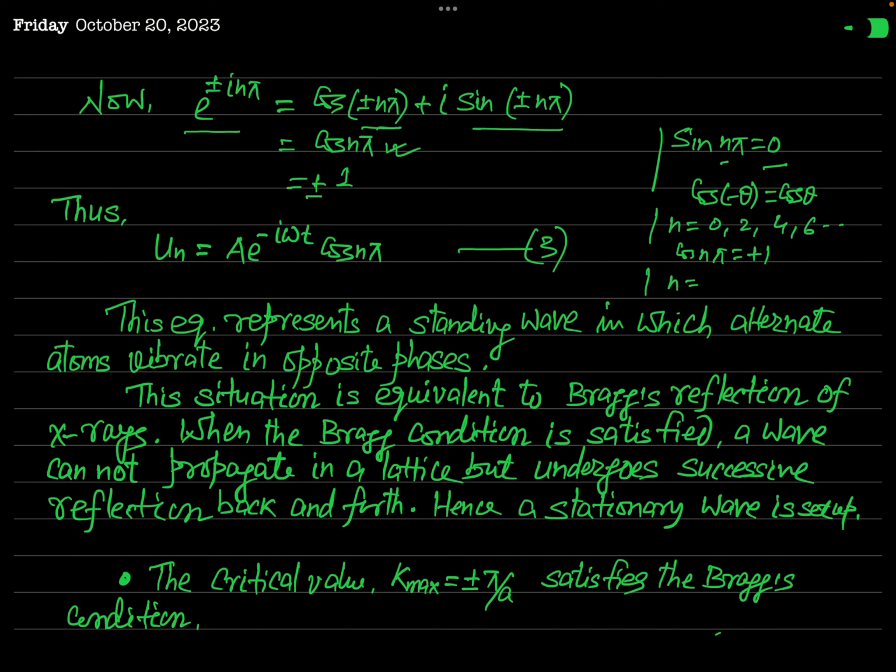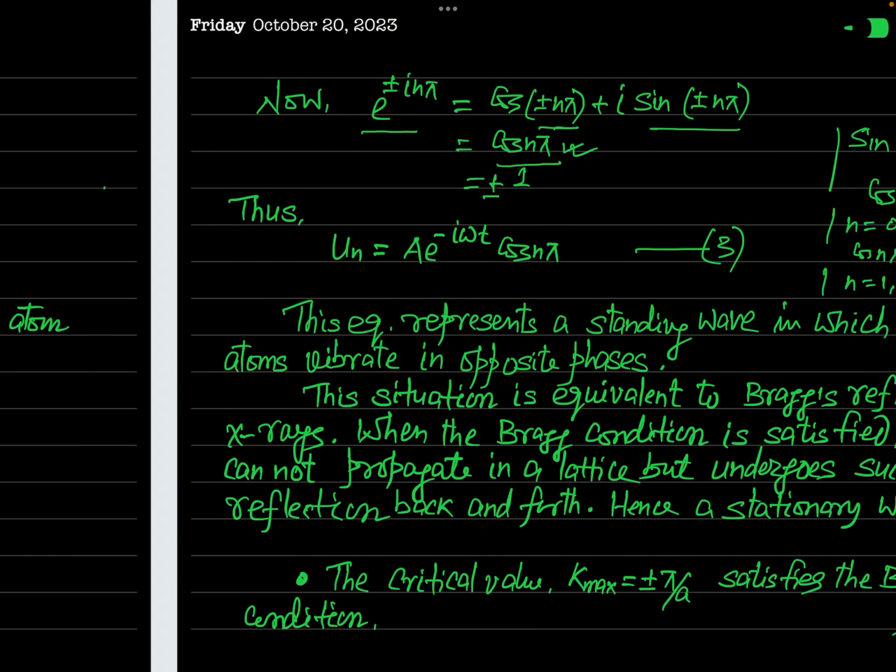But if n is equal to 1, 3, 5, 7, then cos n pi is equal to minus 1. So in general, you can say that cos n pi is equal to plus minus 1.